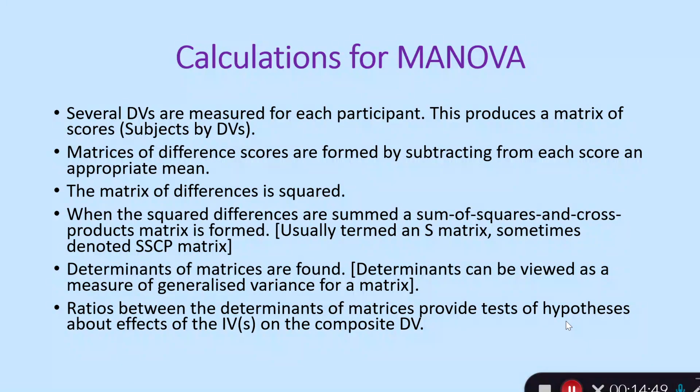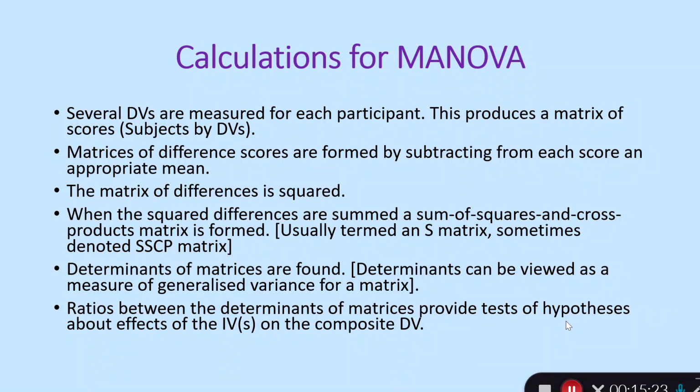For the calculations for MANOVA, I've just put it in words essentially. Firstly, several dependent variables are measured for each participant. This produces a matrix of scores, subjects by DVs, rows by columns, as I said previously. These matrices of difference scores are formed by subtracting each score from an appropriate mean, the mean for that particular variable.